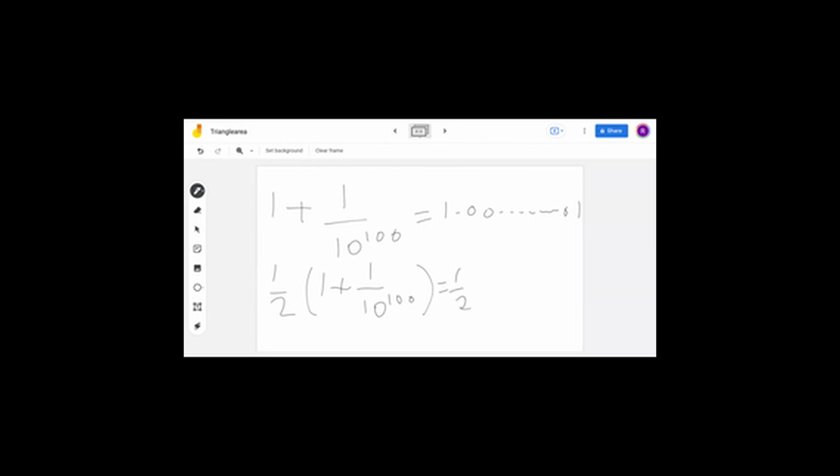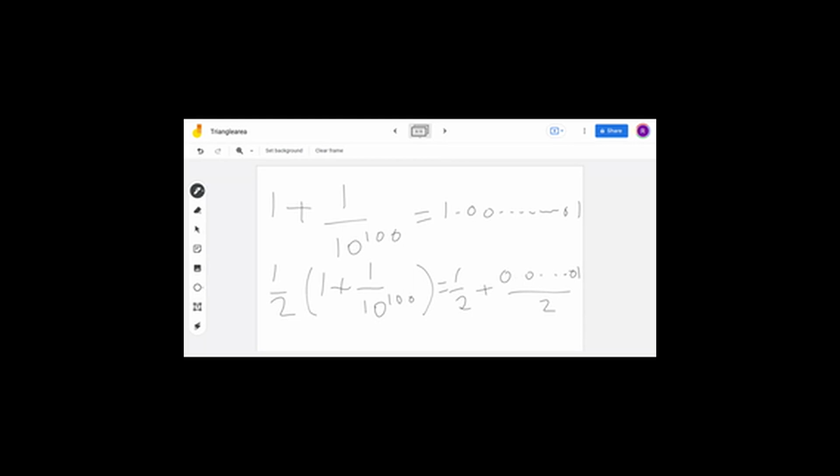It will become half plus something tiny. That extra amount from that half is very small. It's actually 0.100 zeros and then a 5. So it is half plus 0.100 zeros and then a 5. So Naveen, this thing is very close to half.